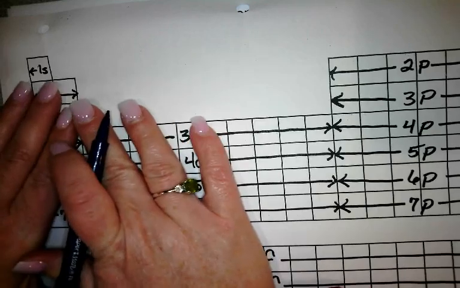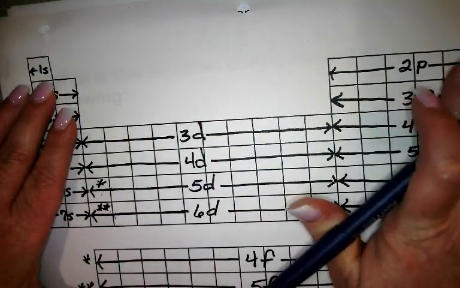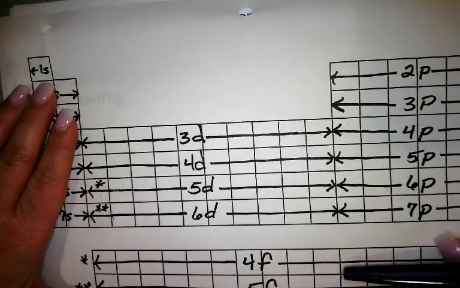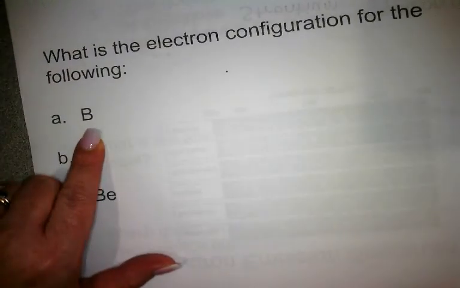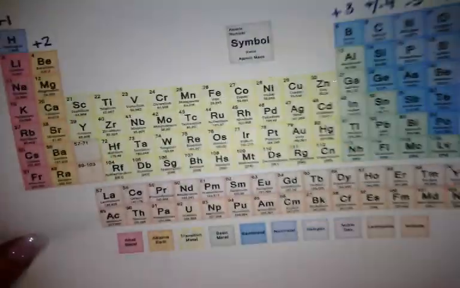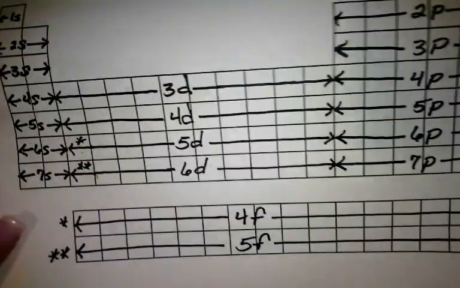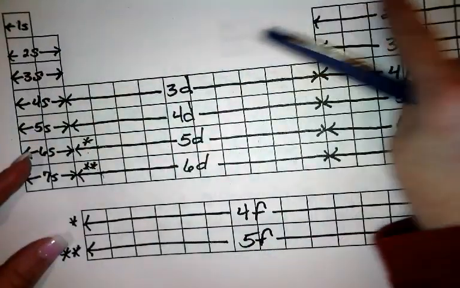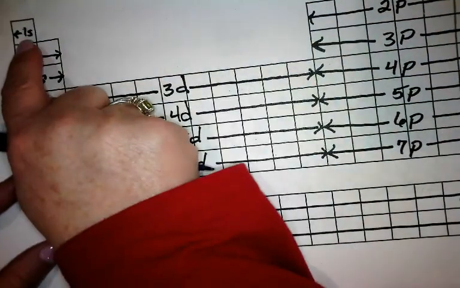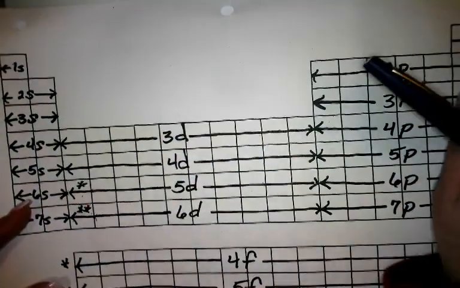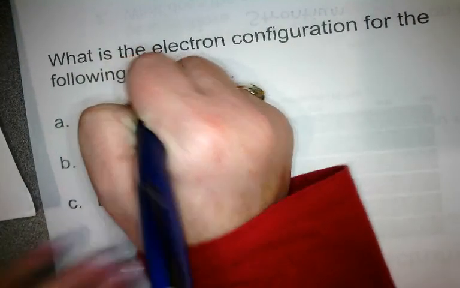For instance, if it's asking you what the electron configuration is for boron, we've got boron over here. As we look at our electron configuration, we're moving across. Each of these represents one spot. So the way that this would start would be 1s2 because it's the section for hydrogen and then helium.